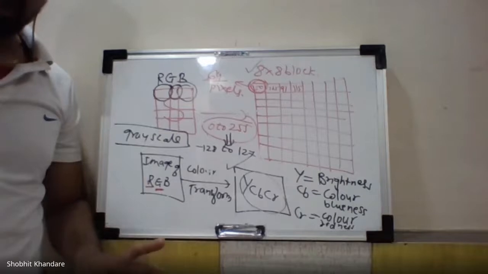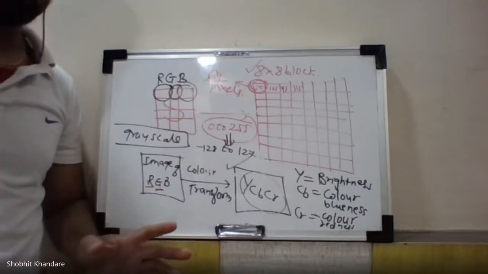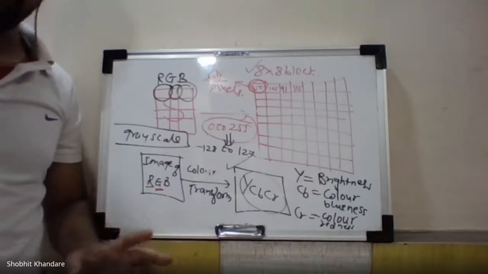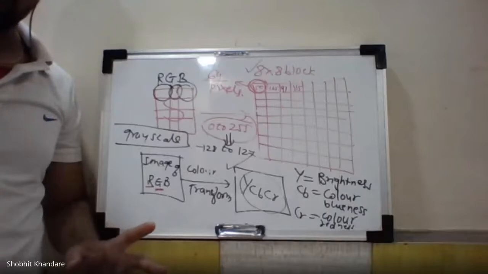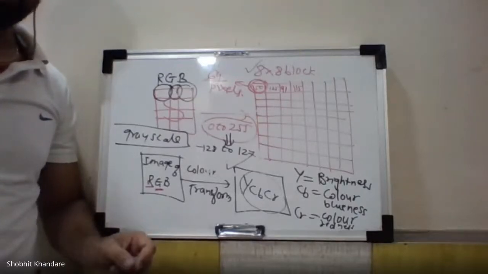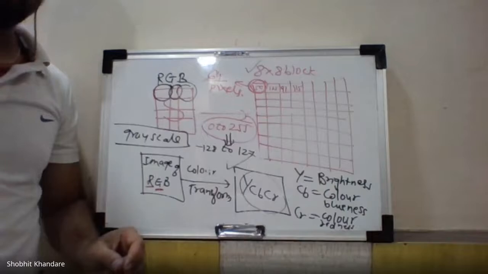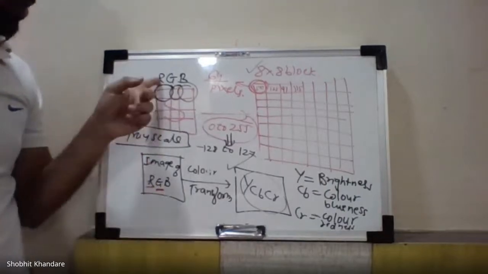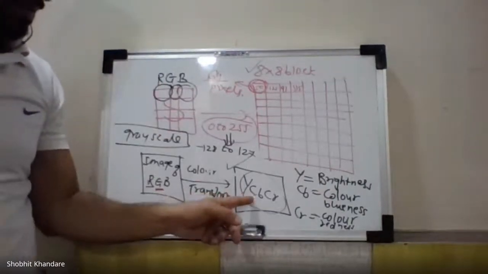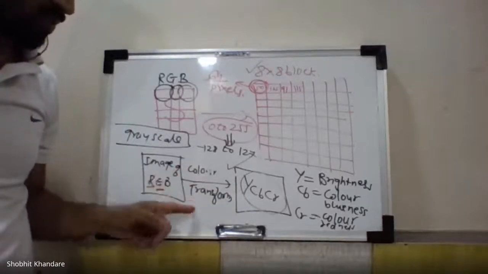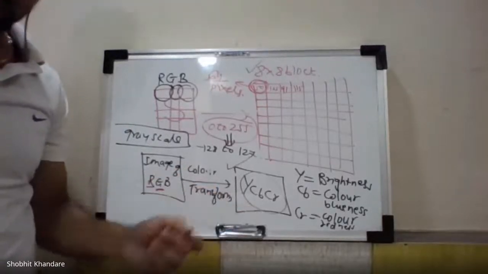After splitting, perform color space transformation. In brackets write RGB to YCbCr. That is the color transform, RGB to YCbCr.